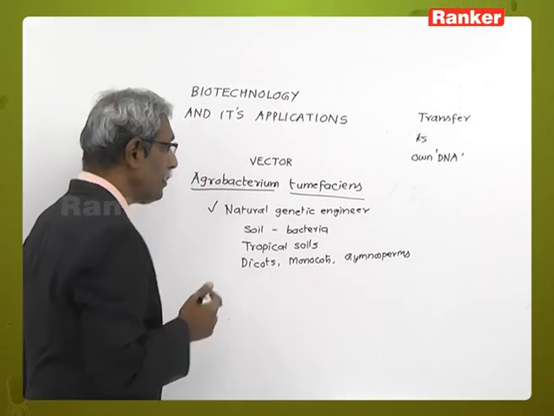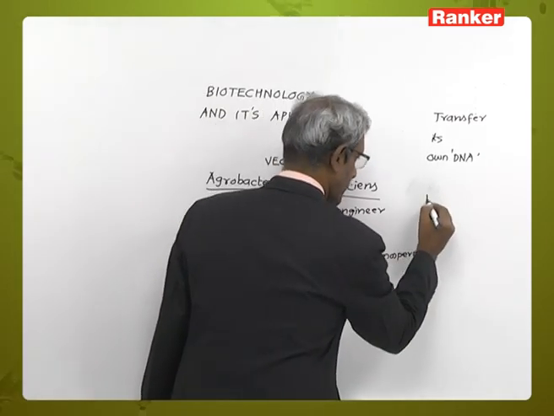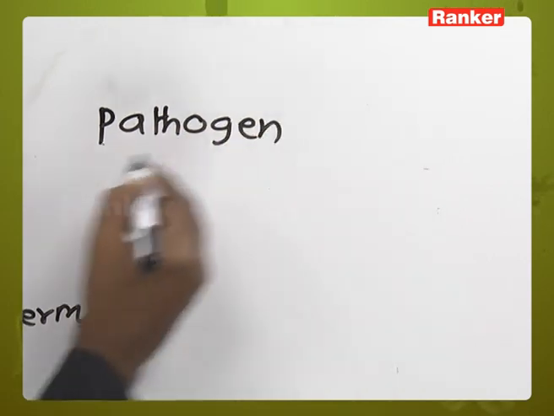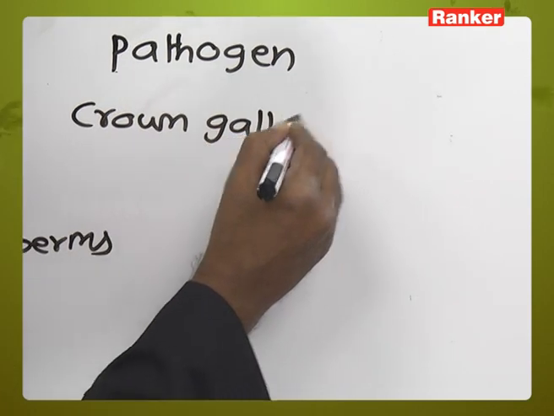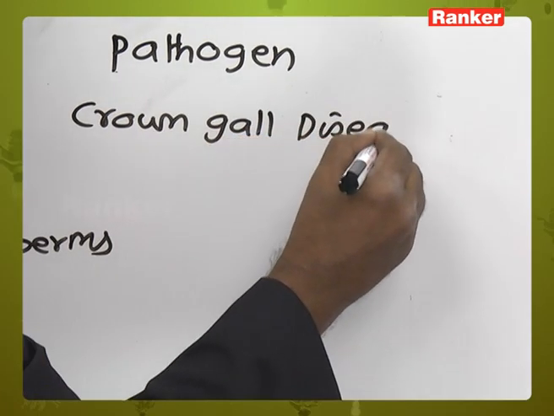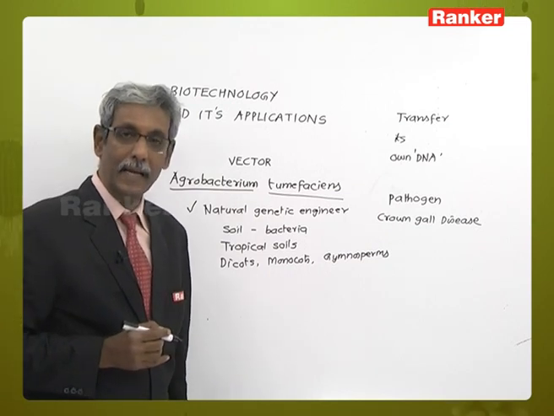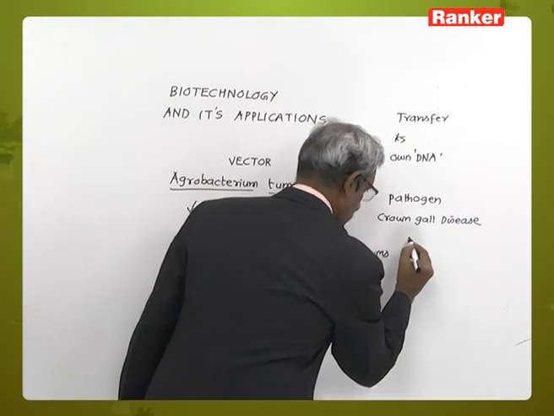And Agrobacterium tumefaciens is a very important pathogen. It is a pathogen responsible for a disease termed crown gall disease. Crown gall disease is a bacterial canker. It is a cancerous disease, so it causes plant cancer.